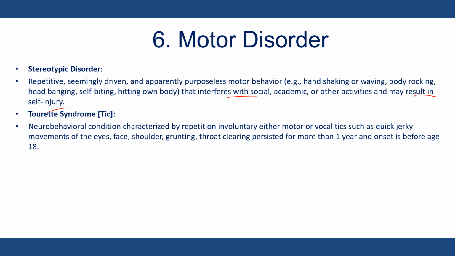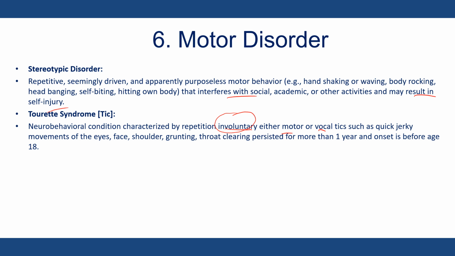A tic is a neurobehavioral condition where you have a child with repetitive involuntary movements, so that's a key word. They're not doing it intentionally. It's not voluntary, it's involuntary, either a motor or a vocal tic, one or the other.